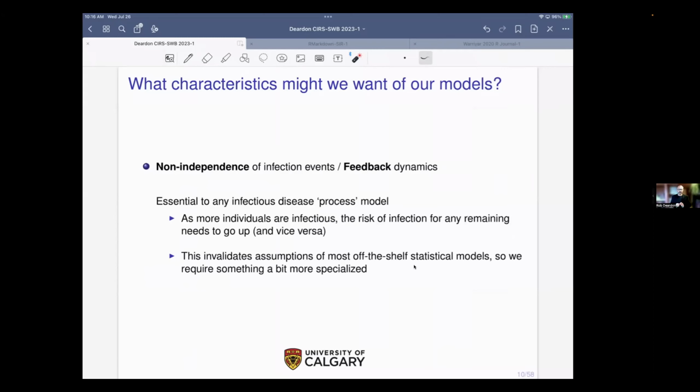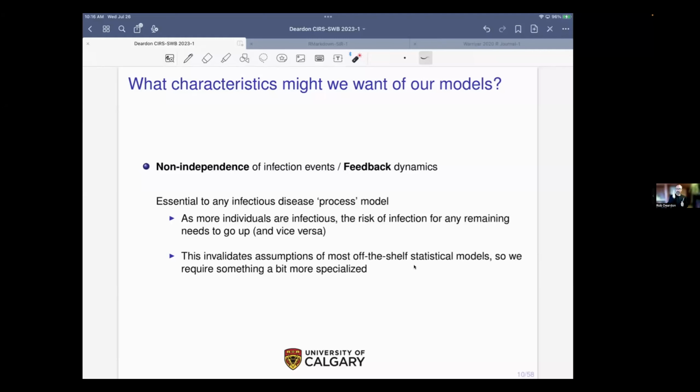Couple of things also about what makes these models different to general statistical models we might use. So in statistical language, it really comes down to this idea of non-independence of infection events, right? So if you think about, with these models, what we're often doing either directly or indirectly is modeling the time at which something happens.